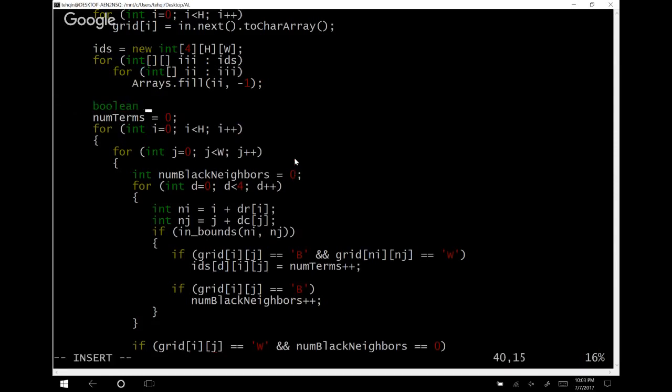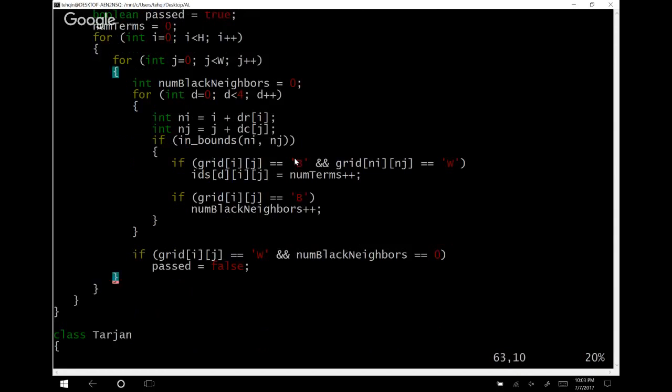I'm going to assume my code works. And if I fail to pass this test, because I have to make sure that every white cell is at least satisfied.